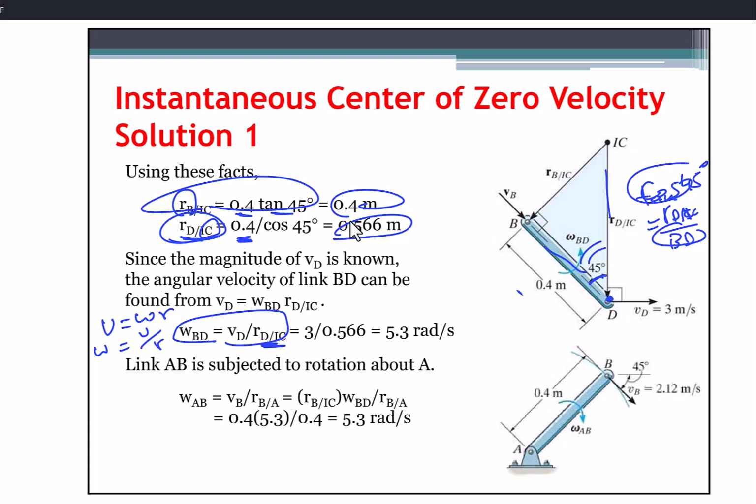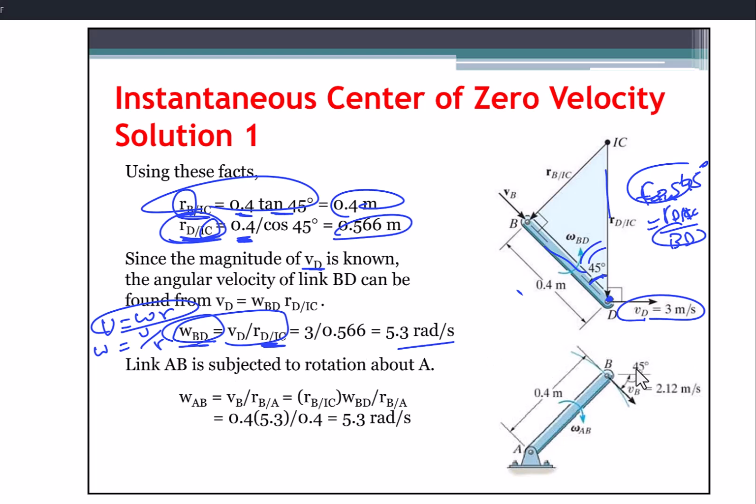Brush up on your trigonometry. Now, once we have these R's, we can write the definition of velocity in terms of angular velocity. Since the magnitude of V is known, all that remains is the angular velocity. So the angular velocity is this.